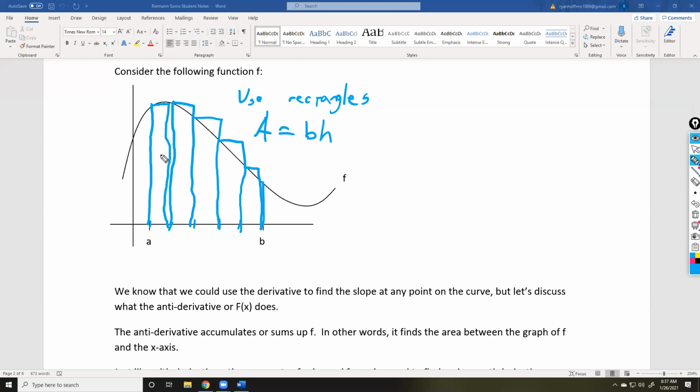And so these rectangles can help put it in terms of an area that we already know how to find. That's going to be the idea here. And so we're going to use this base times height for each rectangle, and we are going to add them up.